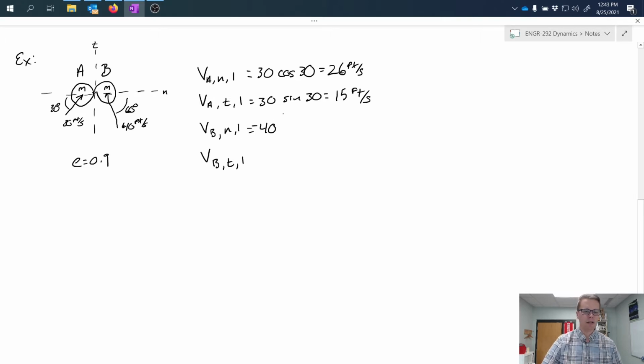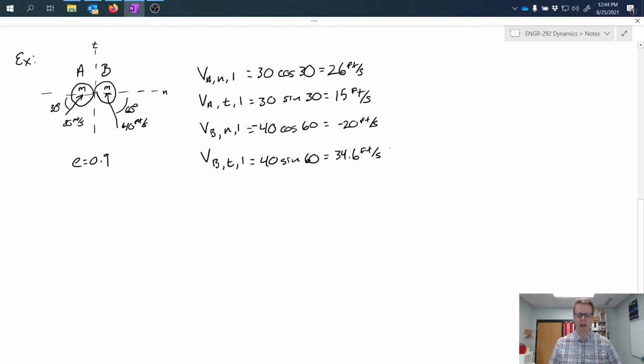Adding on this normal component for B, it's in the negative direction, so making sure I tag that little negative sign out there. So far we're just doing some simple math working through these two things.